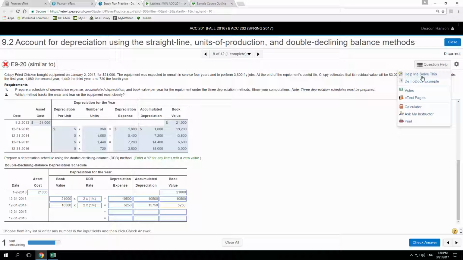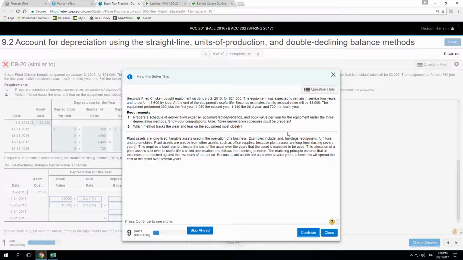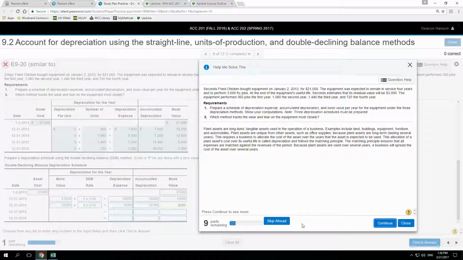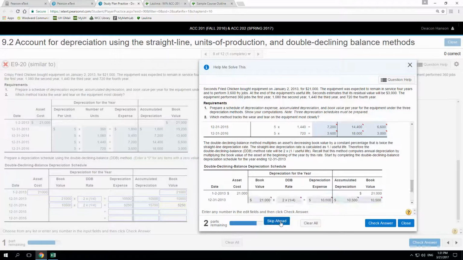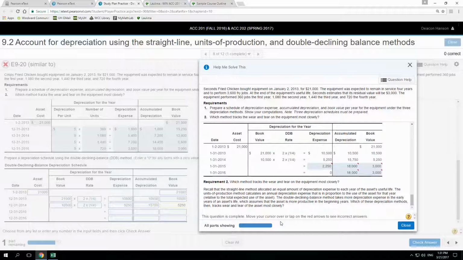And let's see how they give you this here. If you went to your help me solve thing, they actually got pretty close numbers to what we have.